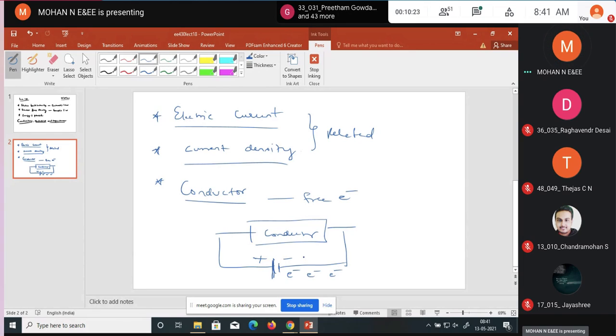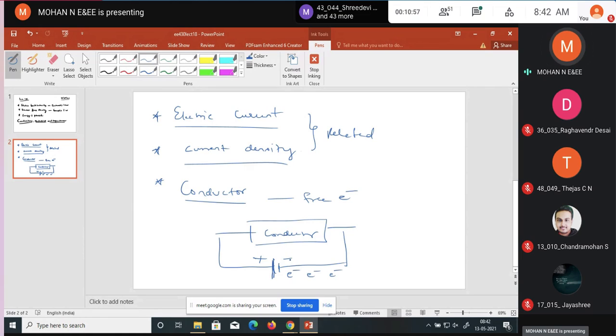So that constitutes the flow of negative charges, from the negative terminal to the positive terminal. We tend to assume the flow of charges from higher to lower potential, plus to minus, but originally electrons flow from the cathode to the anode.